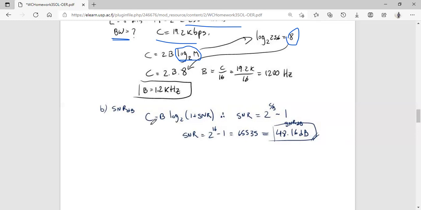If you make SNR the subject of the formula in Shannon's equation, you'll get SNR is basically equivalent to 2 to the power of C divided by B minus 1, right? Whatever value you get, in this particular case, you'll be getting 65,535, and find 10 log of this particular value to get our SNR in decibels, right?